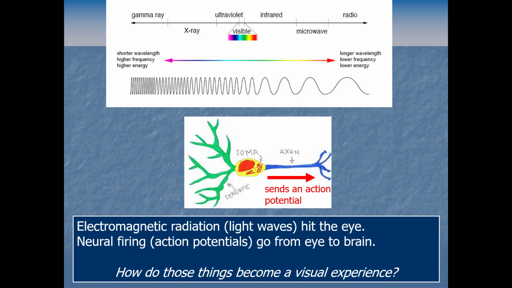Okay. Now, as I mentioned earlier, what's actually hitting the eye when we see something, when we use vision, is light waves. But light waves are actually just a subtype of electromagnetic radiation. They're visible light. It's just a portion of the spectrum. It's the same kind of thing as infrared light or ultraviolet light or even X-rays or FM radio and AM radio waves. Those are all part of the same thing.